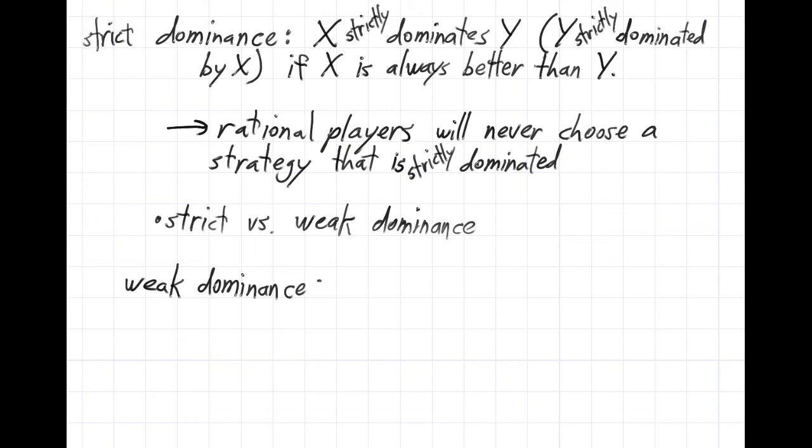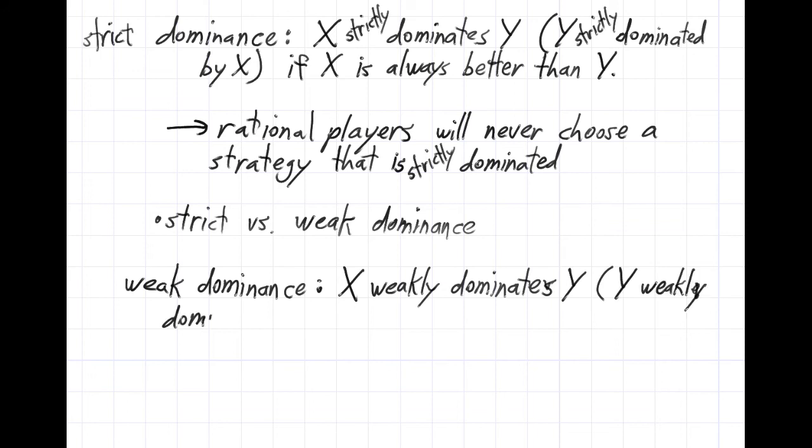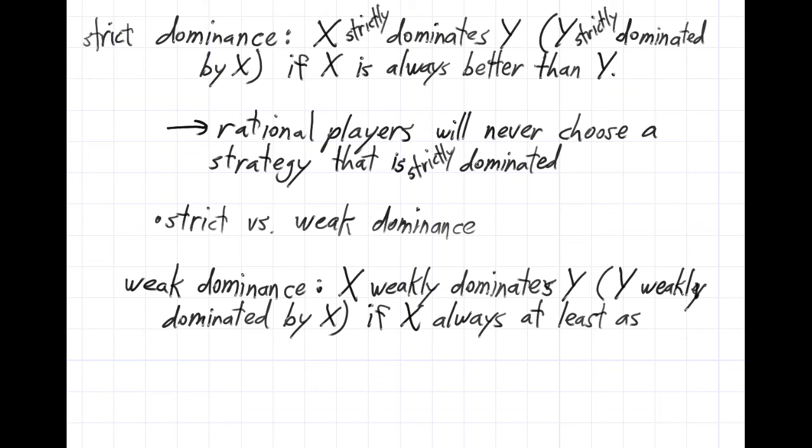We can say that a strategy X weakly dominates another strategy Y, or equivalently, Y is weakly dominated by X, if X is always at least as good as Y, and sometimes, but not always, better.